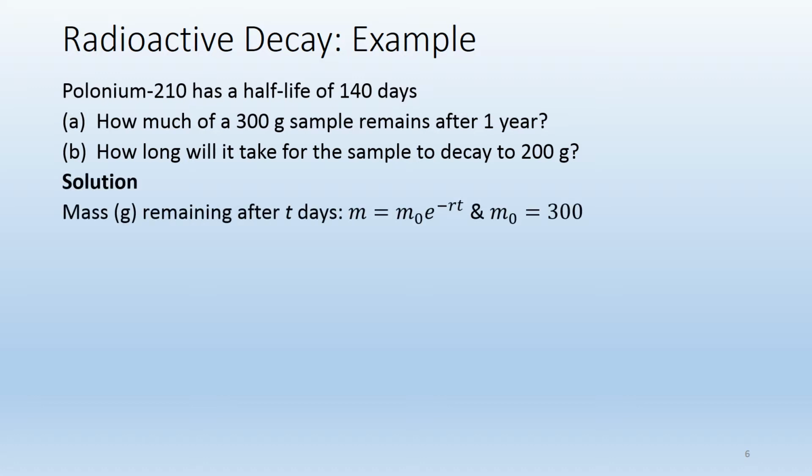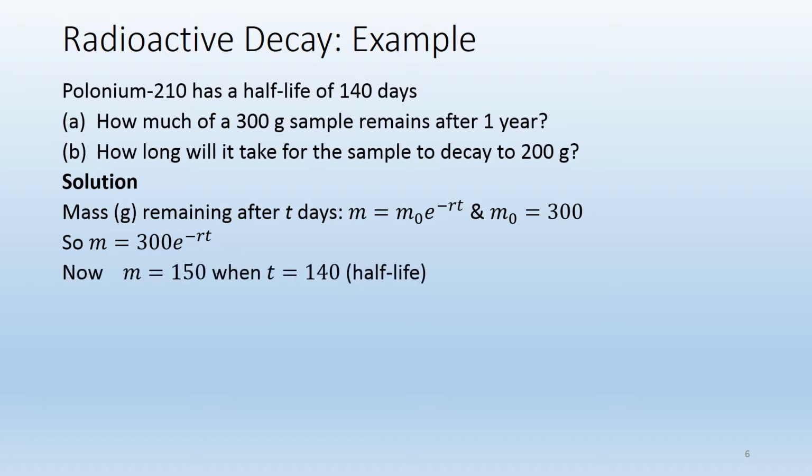So we'll use that exponential model, m equals m naught e to the negative rt, and we're given that initially we have 300 grams, so our m naught is 300. We can put that value into the equation. However, we're not told what r is, so we need to work that out. And we can work that out from the half-life.